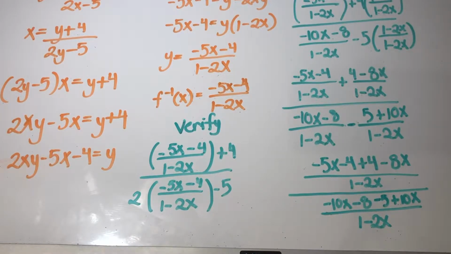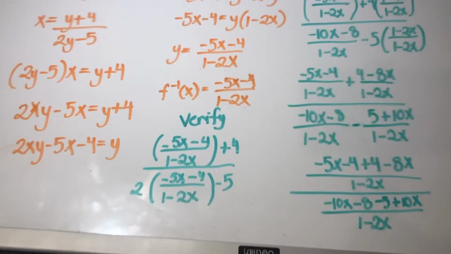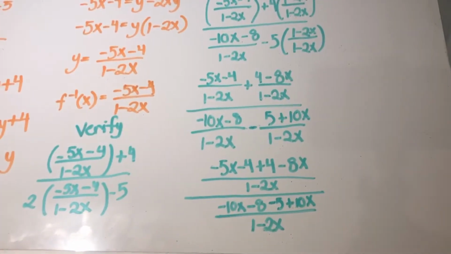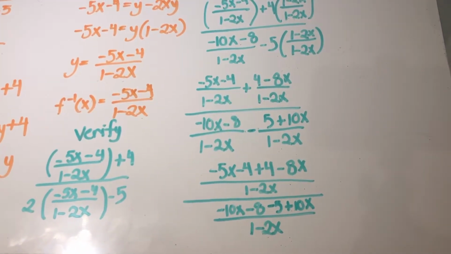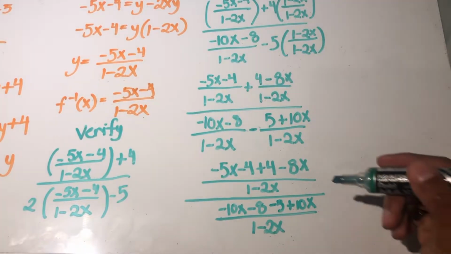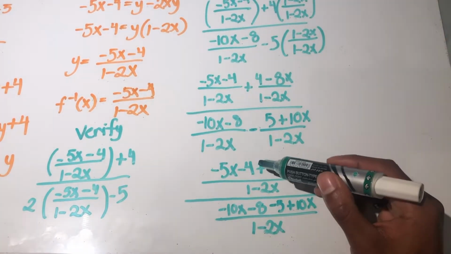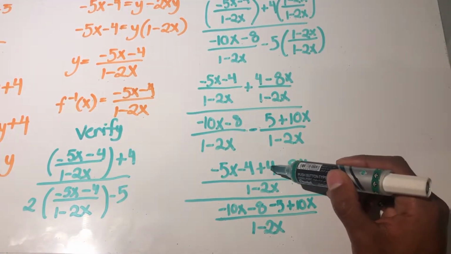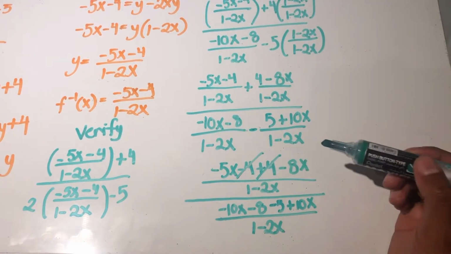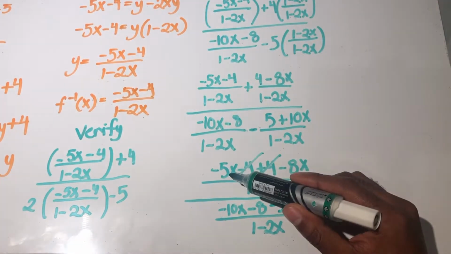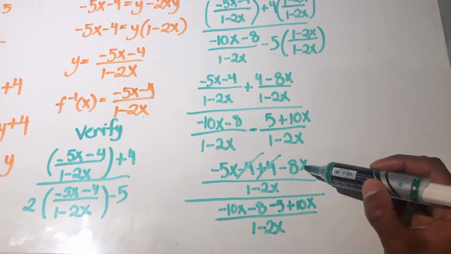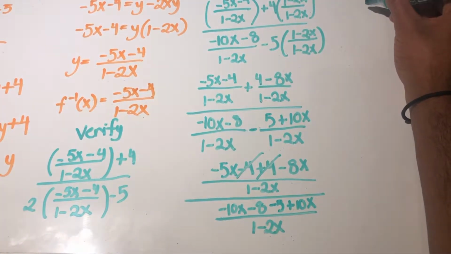I'm going to move the camera here just to get some more space right here. So we can go ahead and clean this up actually. We have negative 4 plus 4, that's just going to give us 0. And then we have negative 5x minus 8x. I'm just going to write this at the top here.